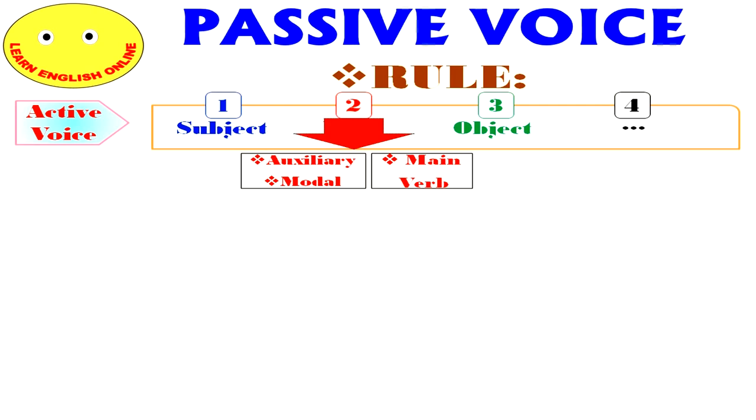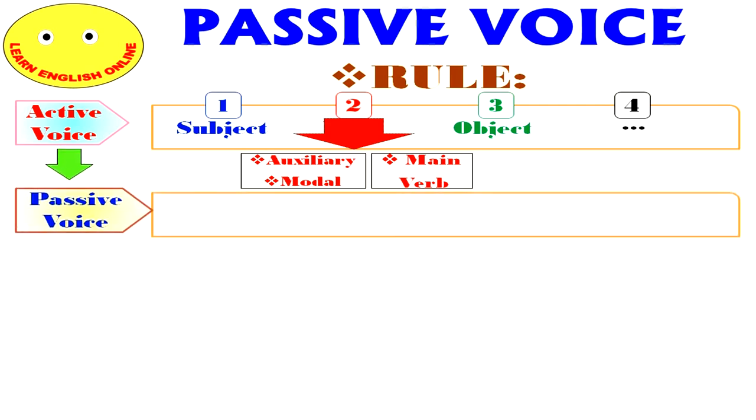Now we need to change the sentence from the active into the passive voice. In doing so, we make some changes. The first thing is to start with part number 3 in the active voice. And there is something very important to pay attention to as far as this part is concerned.